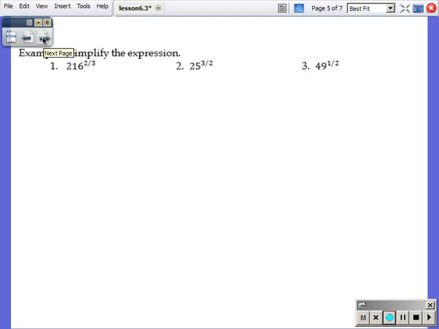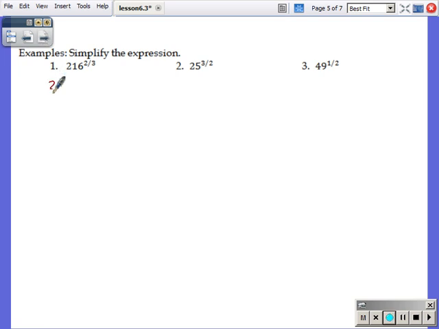So to simplify 216 to the 2/3, depending upon your calculator, you'd either enter 216, caret, parenthesis, 2 divided by 3, close the parentheses, hit equals. Those of you using your phones, same sort of thing. So for these, for the most part, you are going to do the same thing.